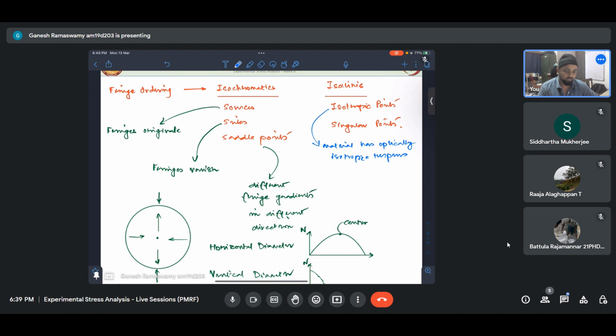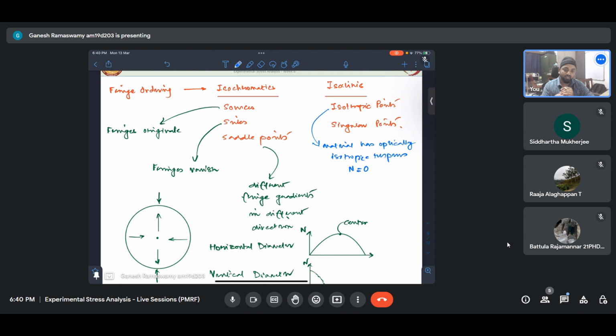So actually there will be no stress induced birefringence in that case. What this implies is that all directions are principal stress directions. So our fringe order there will be 0. You would see that all the isoclinics pass through that point because there is no preferred direction for principal stresses to have their orientation. So every plane is a principal plane. That is what is characterized by N equal to 0.